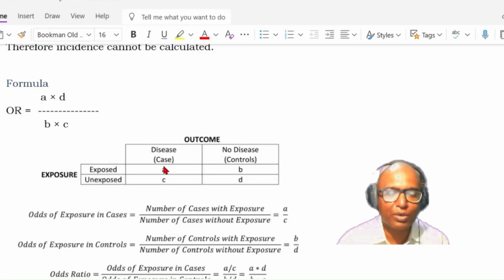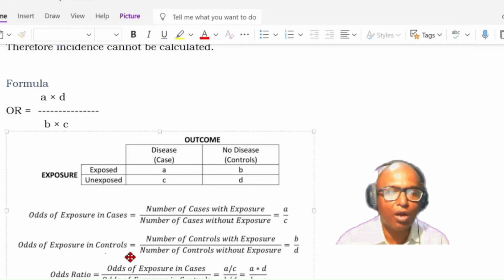Then we calculate the odds of exposure in the cases, that is exposed cases divided by unexposed cases, A upon C, in the disease population. Then we find the odds of exposure in the control group, the non-disease population, exposed divided by unexposed, that is B upon D.